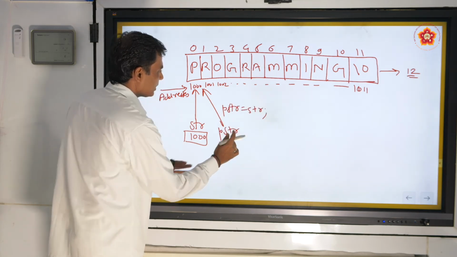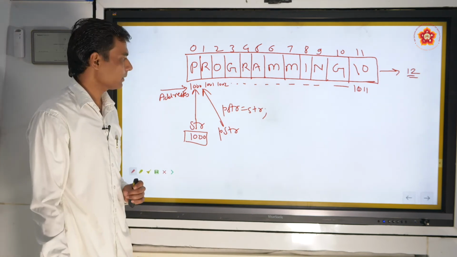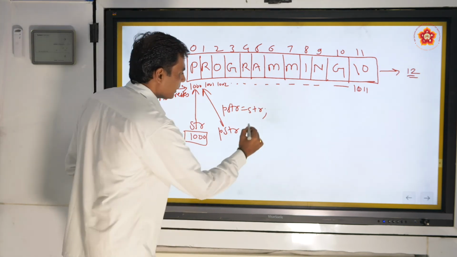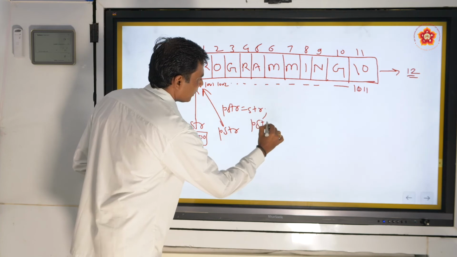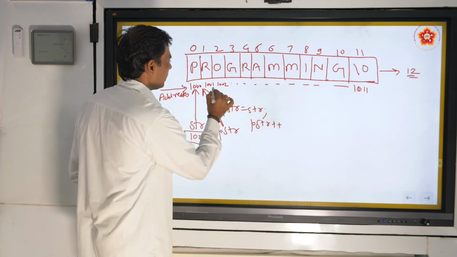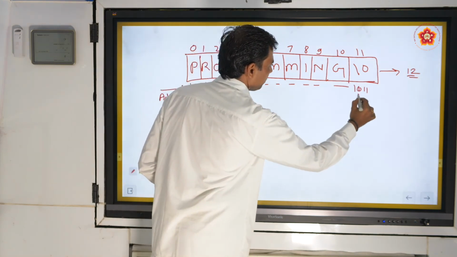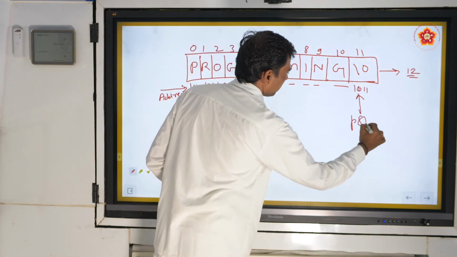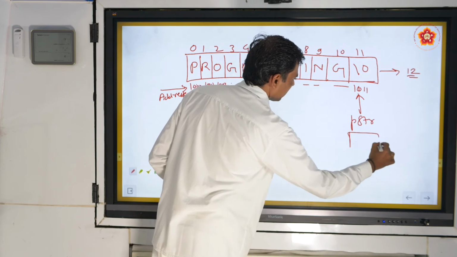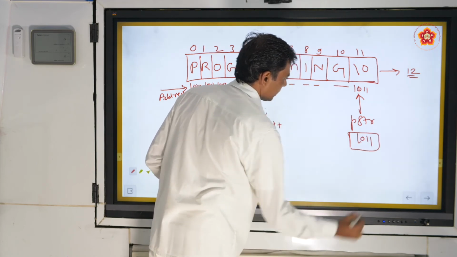This way pstr is also pointing to the first location. But with pstr++, what is happening? It points here, then here, then here, and here, and then at the end pstr will point to here. So the final content of pstr is 1011.